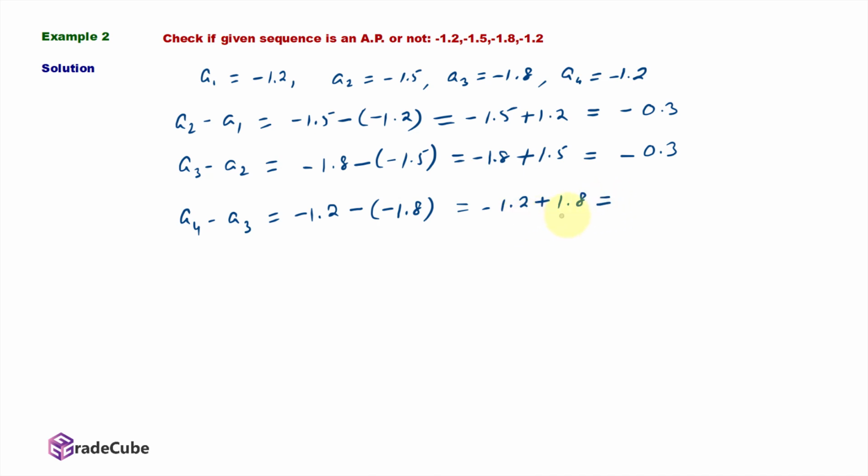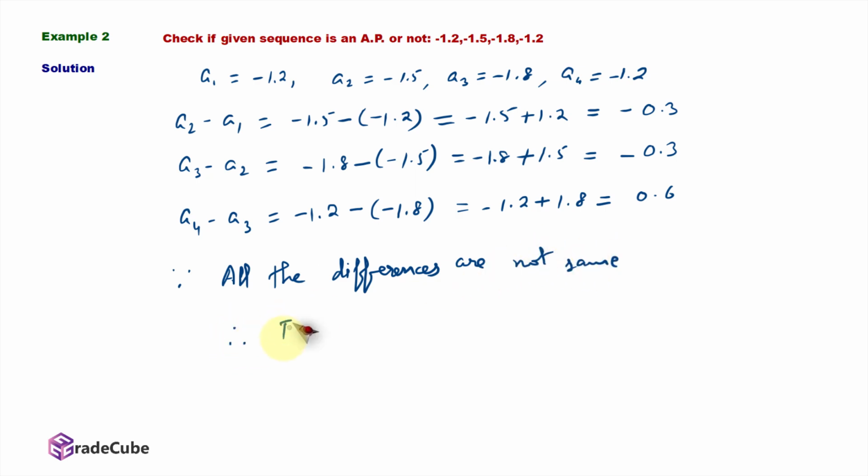And if we have a look at this difference, it is 0.6, which is not equal to the previous differences. We will say because all the differences are not same, therefore it is not an AP. So keep in mind that you will have to check all the differences before you say something about whether it is AP or not.